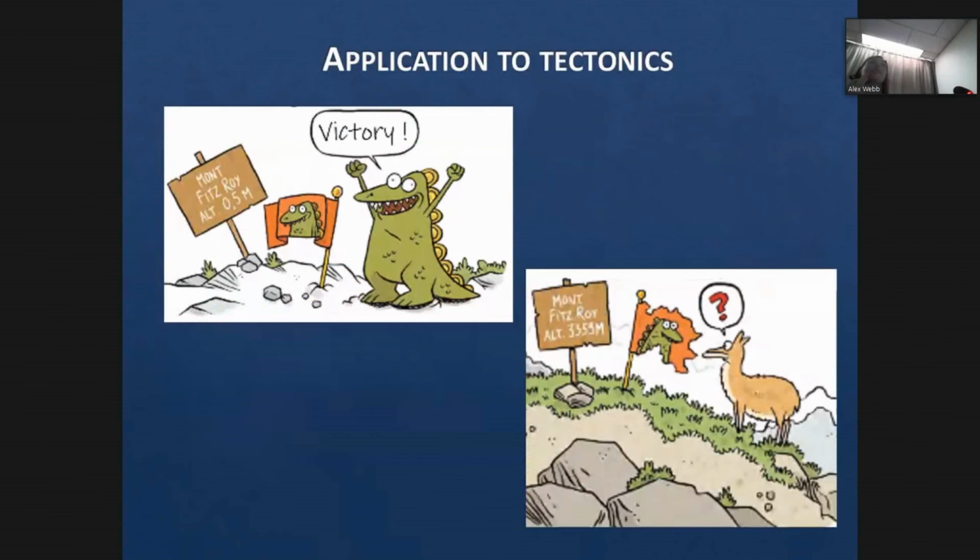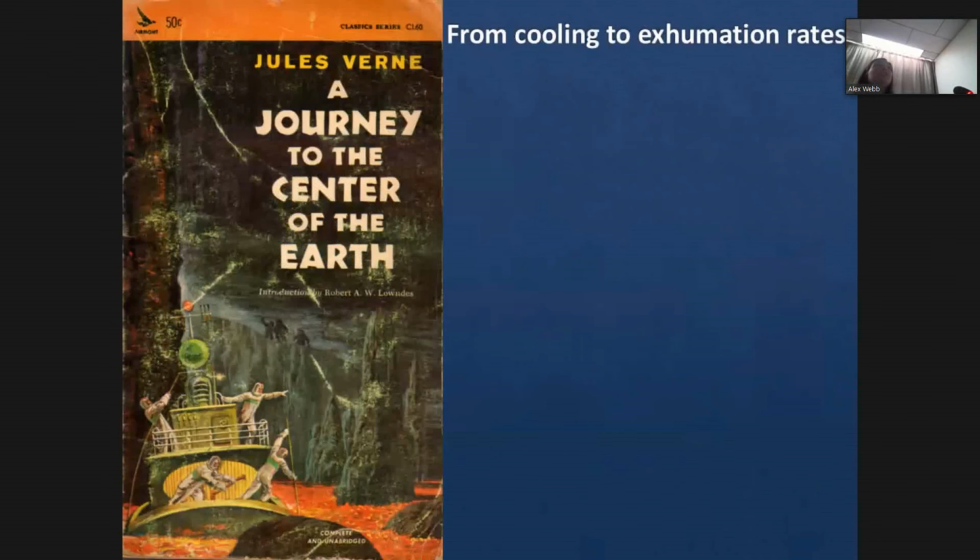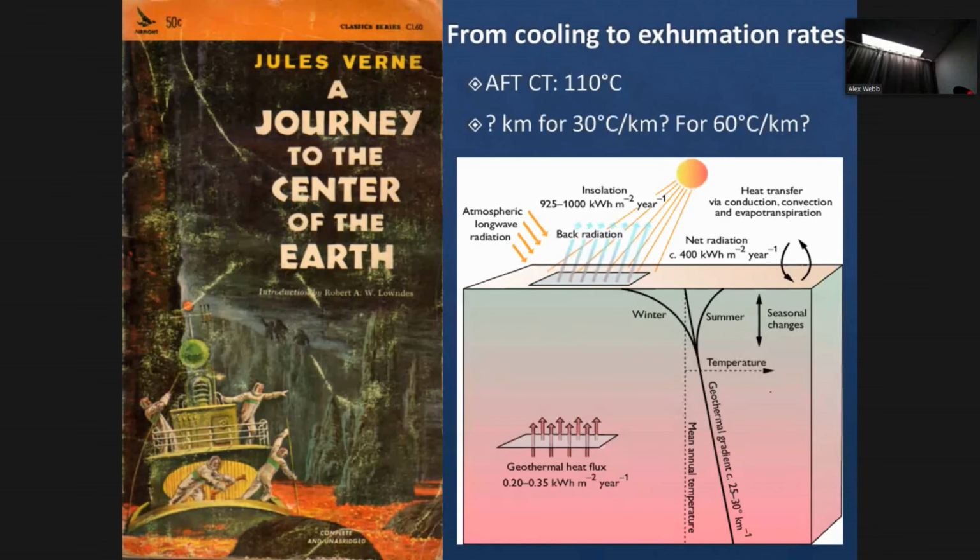So now, why is this useful for tectonics? Because there's a ton of applications for thermochronology. Some are used routinely now, some are still very complicated. The first thing is, you all know that if we go deeper and deeper, because of the geothermal gradient, temperature will increase slowly. The apatite fission track closure temperature is 110 degrees.